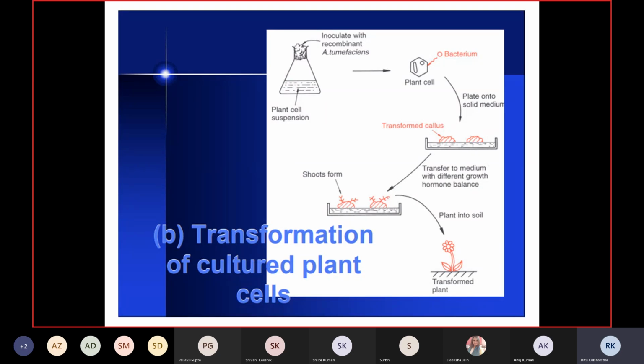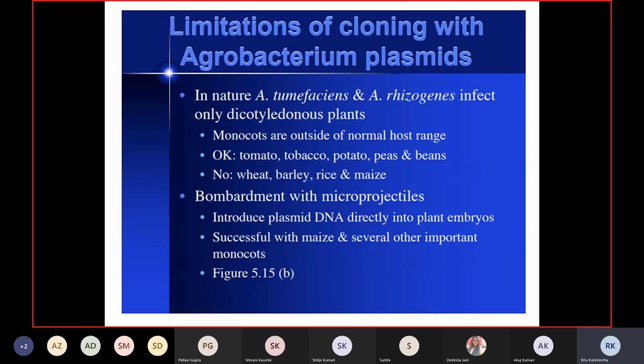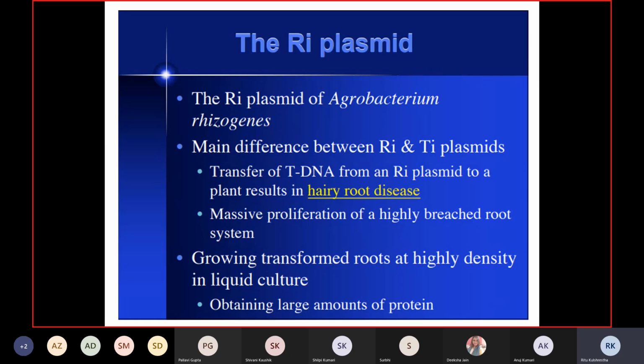So is Agrobacterium tumefaciens the only strain that is used? Yes, it's one of the major strains that is used for transfer of the gene of interest to the plant cells. But one problem with Agrobacterium tumefaciens, as well as the other strain that I'll come to, Agrobacterium rhizogenes, is that it only infects the dicots.